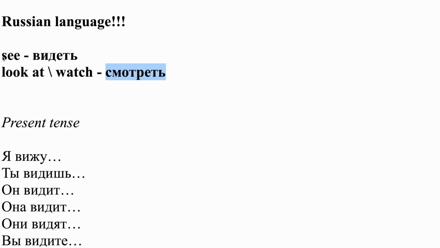For example, this English verb see. An example like I see you, we will translate it like я вижу тебя. I see you, я вижу тебя. But when we take this example like I look at you, we will translate it like я смотрю на тебя. I look at you, я смотрю на тебя.